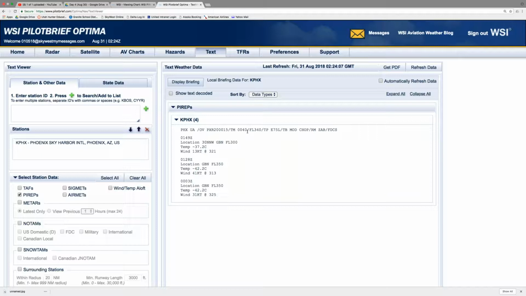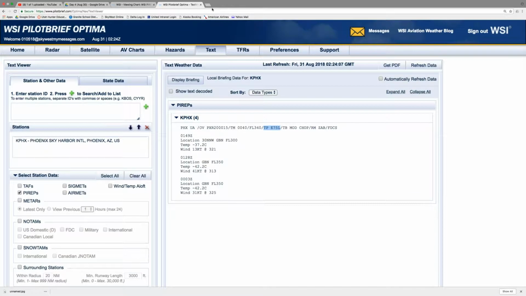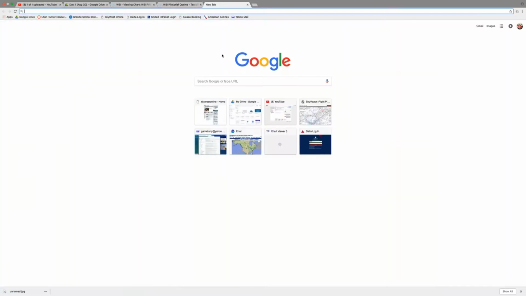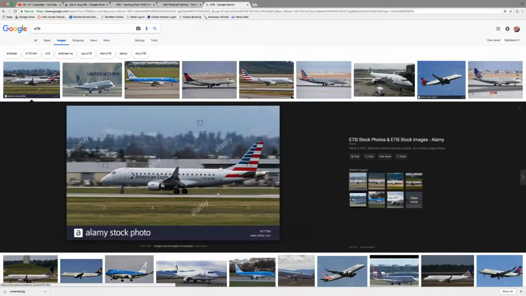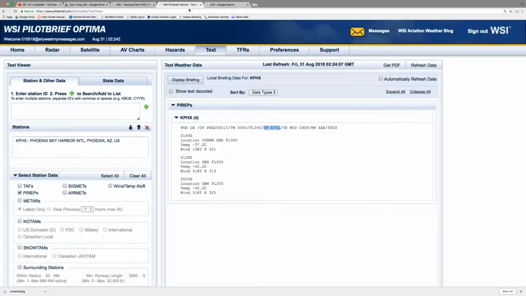The time he reported it was 0040 Zulu. Flight level was 34,000 feet. Here's the type of aircraft: E-75L. E-75L is our E-175 Embraer, which is what SkyWest flies. It was probably a SkyWest pilot that reported this.